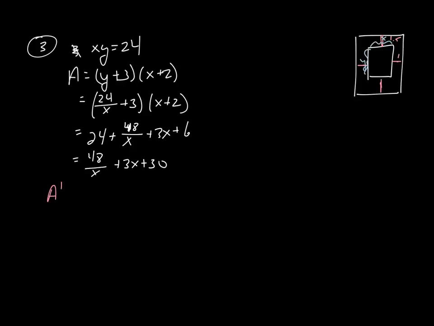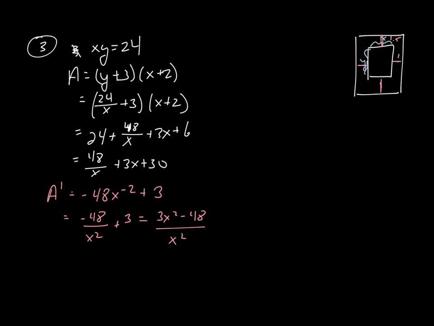I'm going to find the critical numbers first by finding the first derivative. I get negative 48x to the negative 2 plus 3. I think I want to write that differently. I'm going to write this as (3x squared minus 48) over x squared.